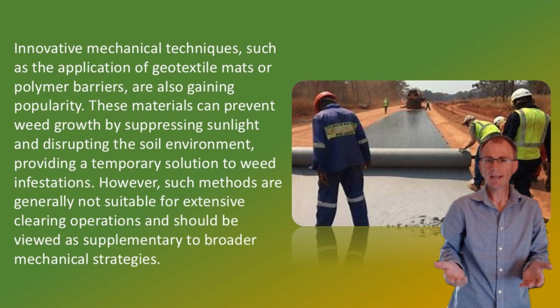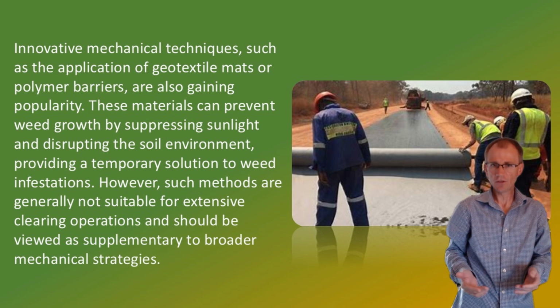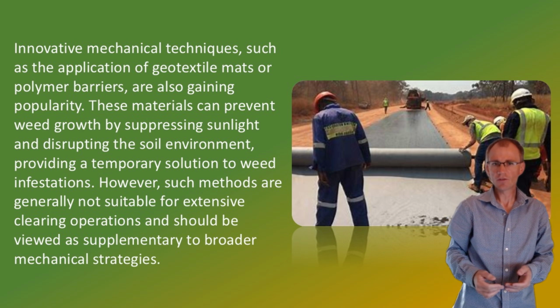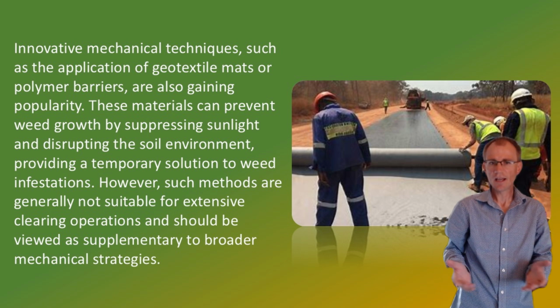Innovative mechanical techniques, such as the application of geotextile mats or polymer barriers, are also gaining popularity. These materials can prevent weed growth by suppressing sunlight and disrupting the soil environment, providing a temporary solution to weed infestations. However, such methods are generally not suitable for extensive clearing operations and should be viewed as supplementary to broader mechanical strategies.